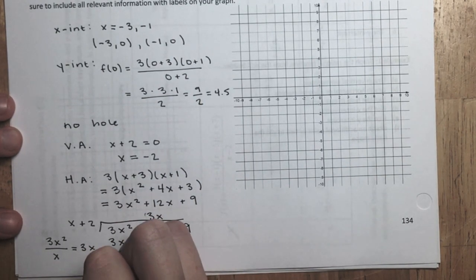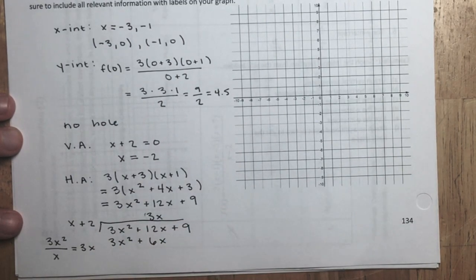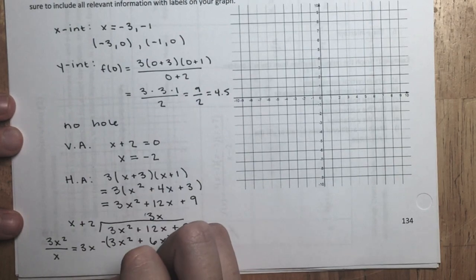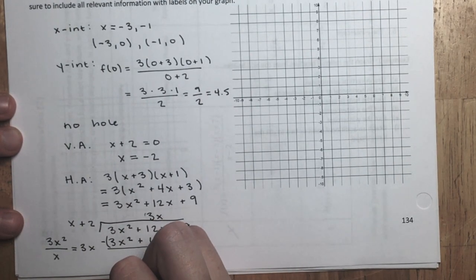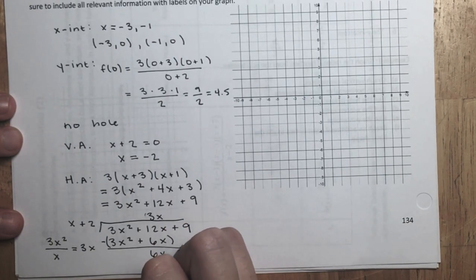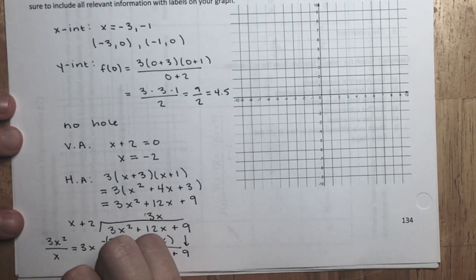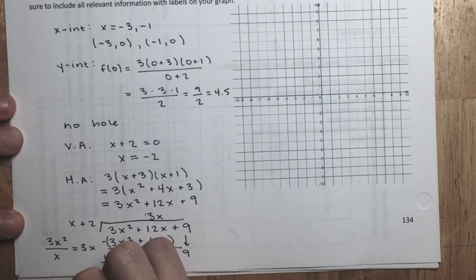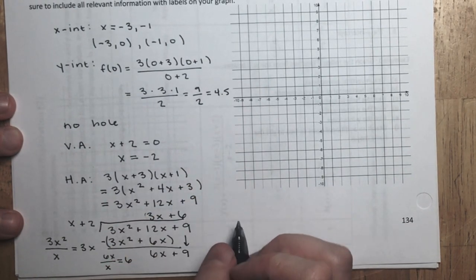We get 3x squared plus 6x. We subtract, so we're left with 0 and 6x. We divide first term by first term, and that's our constant term.